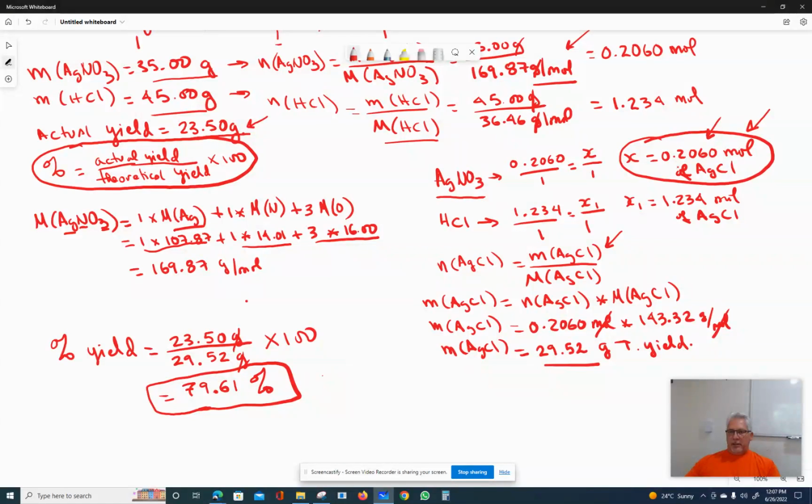Limiting reactant will be silver nitrate. Theoretical yield will be this one, 29.52, and the percent yield will be 79.61%. Okay, one more thing.